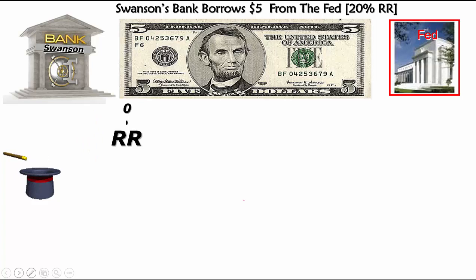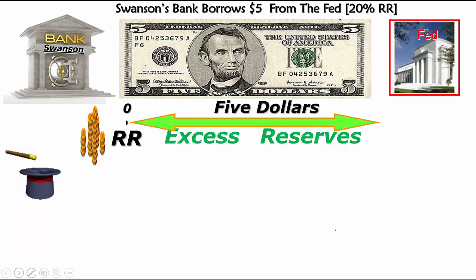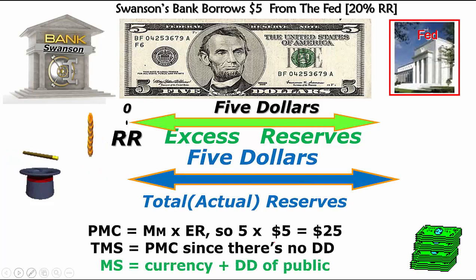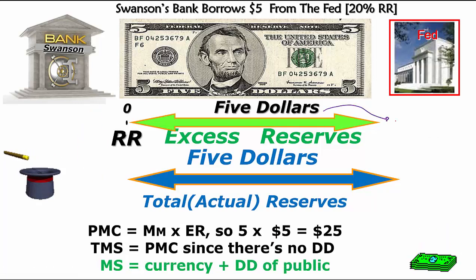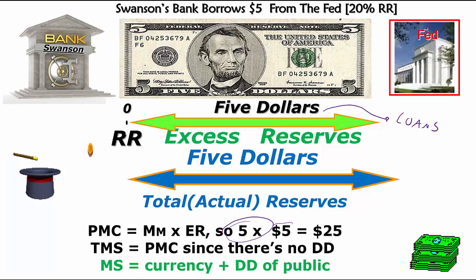So from that $5, 0 of it goes to reserve requirement, all of it goes to excess reserves. Which means the bank can loan out all of that money. Their loans can go up by $5, which would also multiply 5 times through the money market. And so the potential money created could be $25.